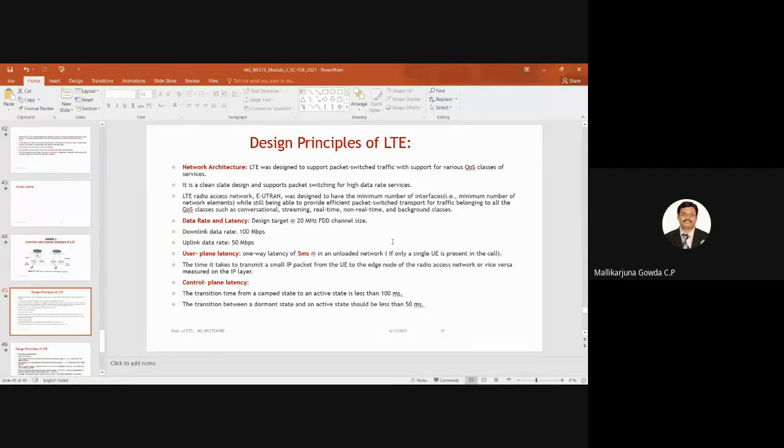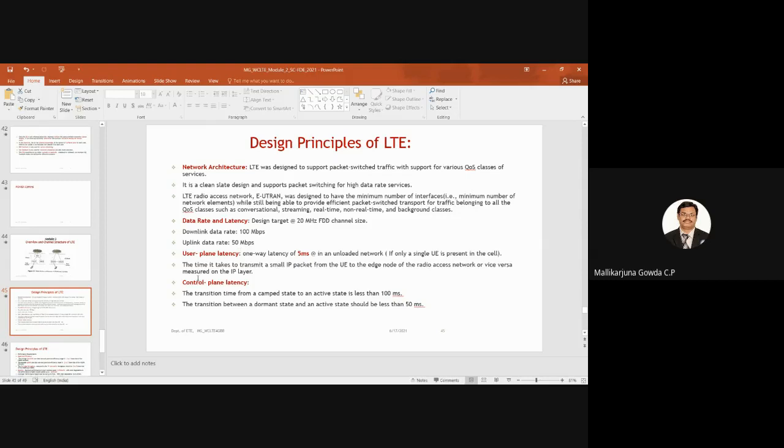So with only one user in a particular cell, the time taken to transmit a small IP packet from the user equipment to the edge node is the user plane latency, which is 5 milliseconds one way.